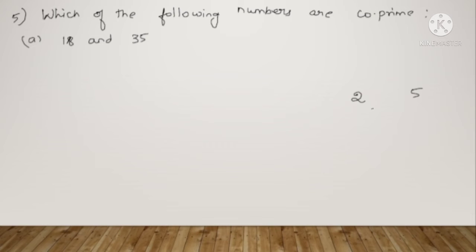Now look at their factors. 1 2s are 2; for 5, 1 5s are 5. So the factors of 2 are 1 and 2, and the factors of 5 are 1 and 5. So the common factor is 1. So the common factor of both is 1. So this is co-prime. When the common factor is 1, we say that the two numbers are co-prime.